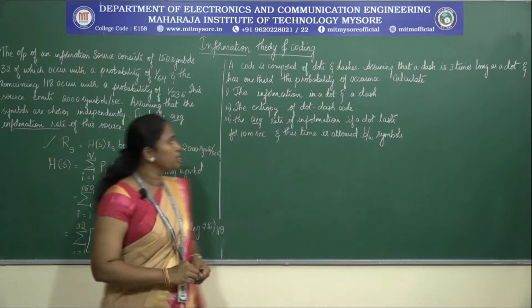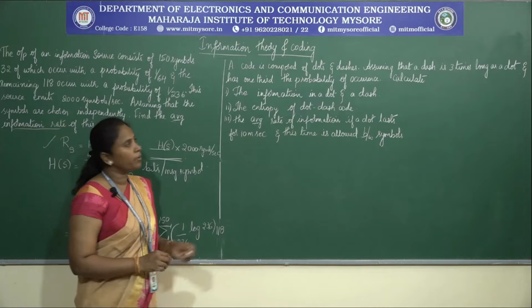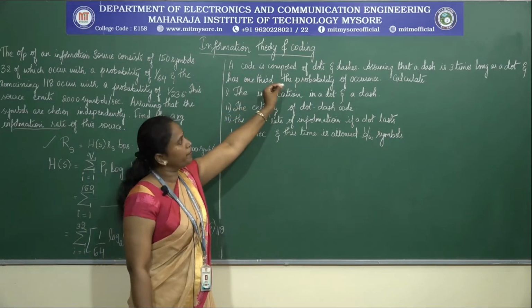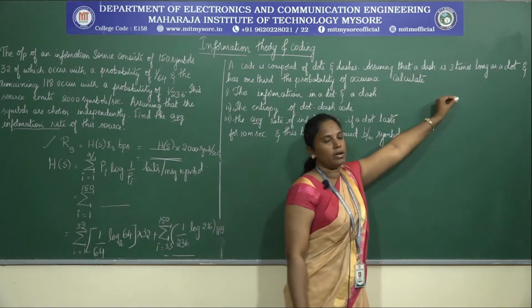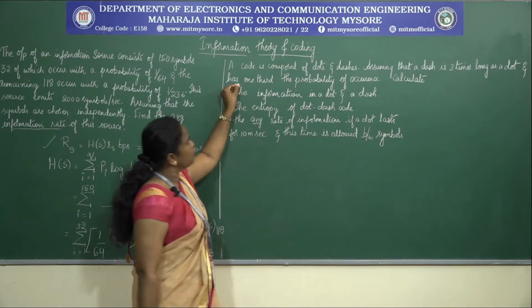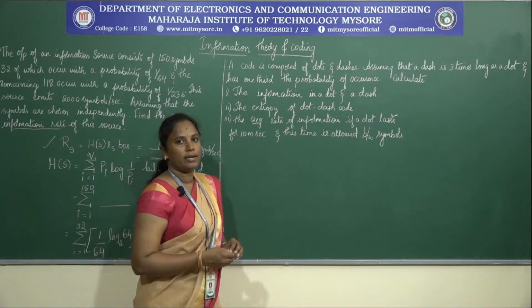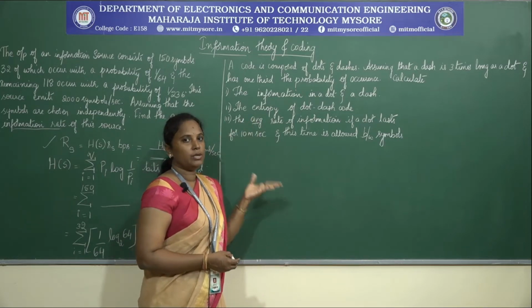Now coming to the second problem, the problem statement is like this: a code is composed of dots and dashes, assuming that a dash is 3 times as long as a dot and has 1/3 the probability of occurrence. That means we are going to use dots as well as dashes to represent a code.